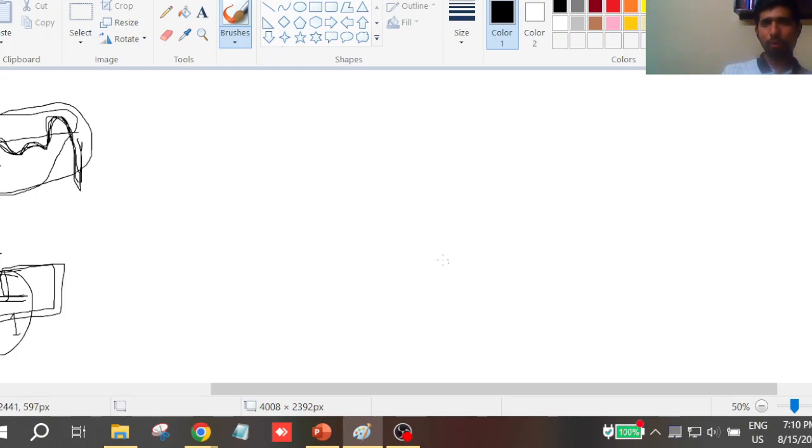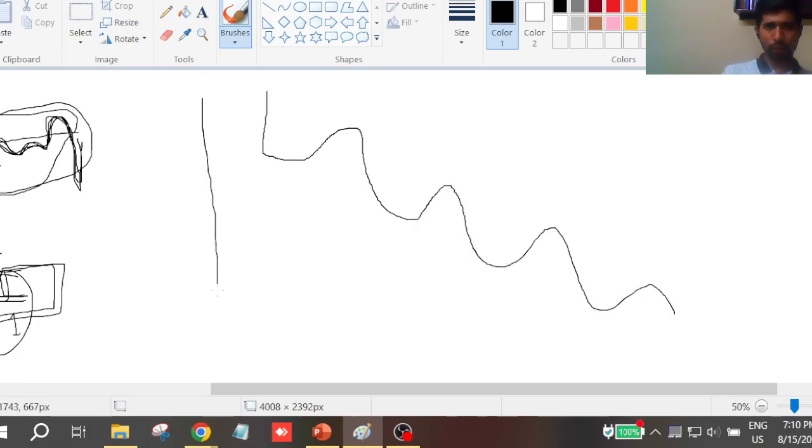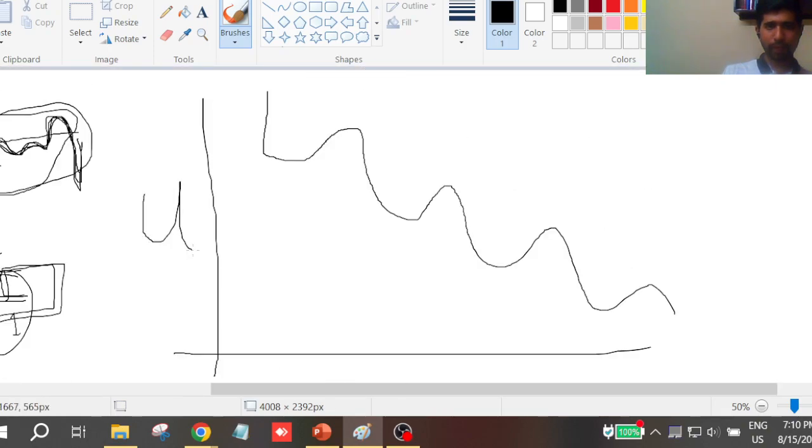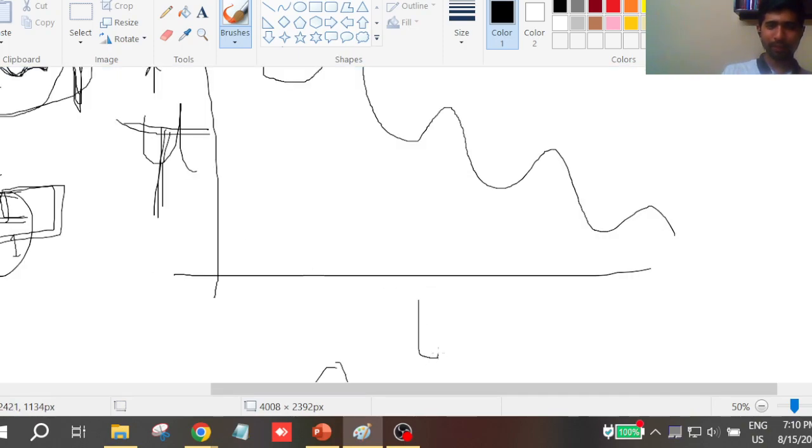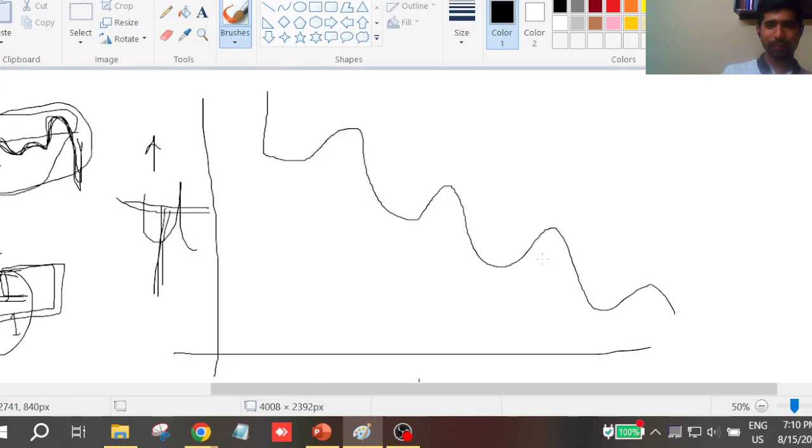Let us take a solution which is very wiggly with respect to time. For example, I have a value of u which is varying like this, with too much zigzag nature.